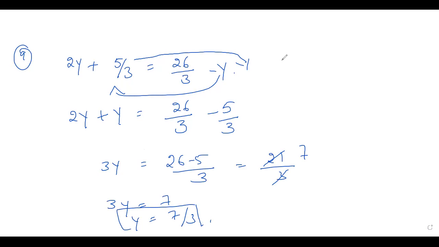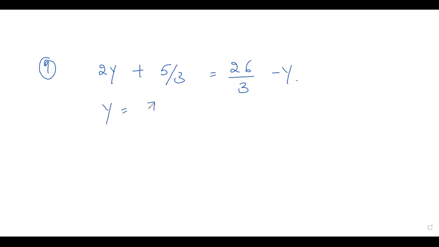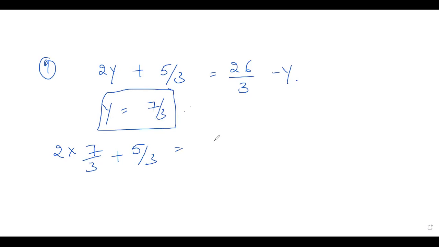Let us verify the answer. The equation is 2y plus 5 by 3 is equal to 26 by 3 minus y. What is the value of y here? It is 7 by 3. We have found out y is 7 by 3. So 2 into 7 by 3 plus 5 by 3 is equal to 26 by 3 minus 7 by 3.